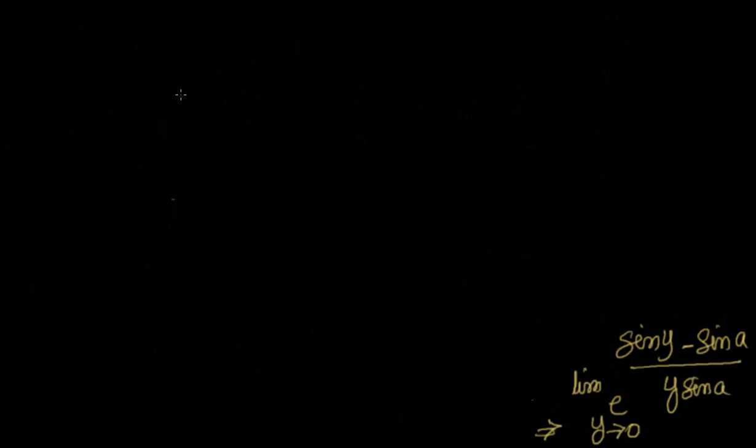So we have simplified and arrived at this particular point where we have to find out the limit of this. So I'll just go ahead with that. The next step will be limit as y tends to 0. I have to find out e power limit of sin y minus sin a.